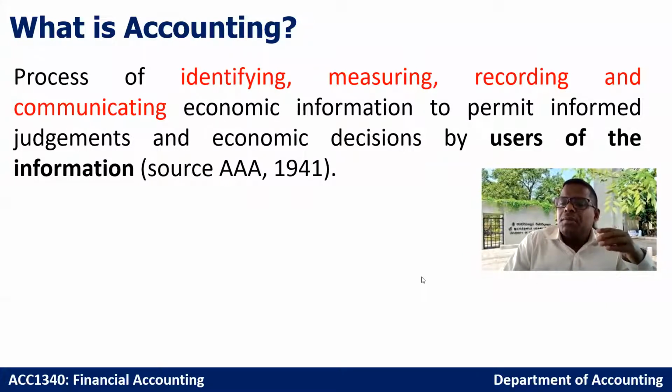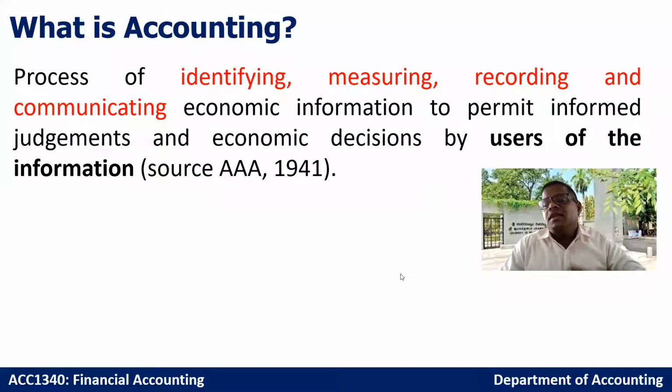Earlier, you can remember, we introduced 12 areas. Just to deliver those 11 or 12 areas, we think a process-oriented definition is applicable. That's why we have selected this. There are other ways of defining accounting.